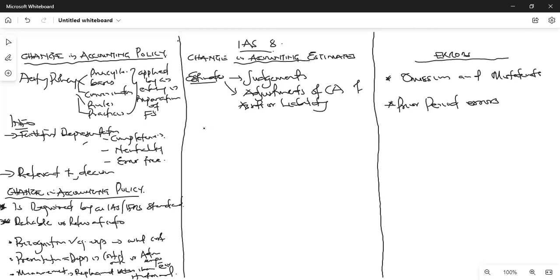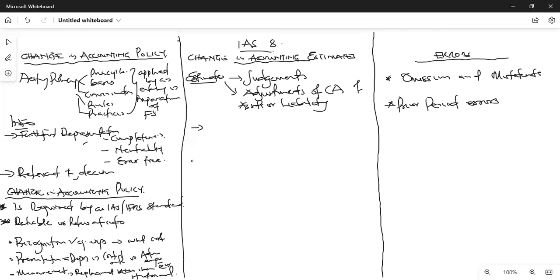And what you are supposed to know here is that we talked about the presentation of depreciation. Remember how you determine the depreciation itself, all right? How you go ahead and determine the depreciation is the methodology. Probably you have straight line and reducing balance, all right? So if you are going to change from one of these estimation methods, then it amounts to a change in estimate, all right?